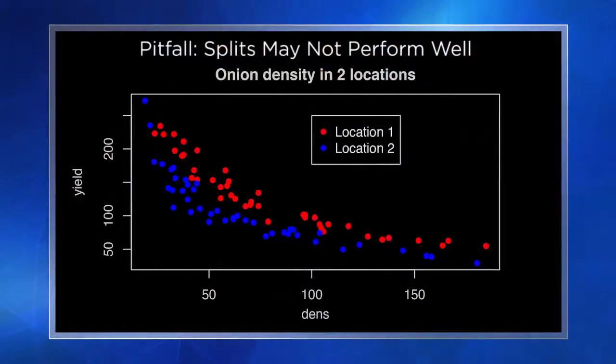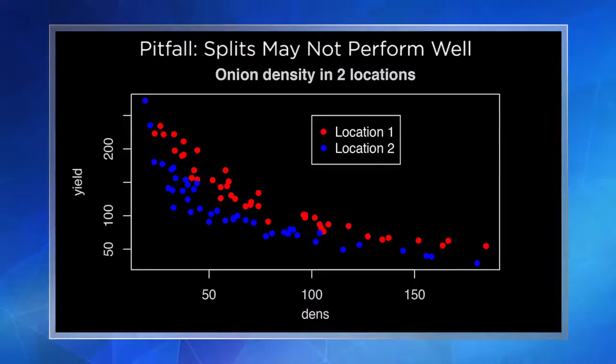Now, classification trees and regression trees are easily understandable, transparent methods that help us predict or classify new records. However, they aren't without their pitfalls. In fact, they may not perform well when you've got structure in your data that isn't well captured by horizontal or vertical splits.